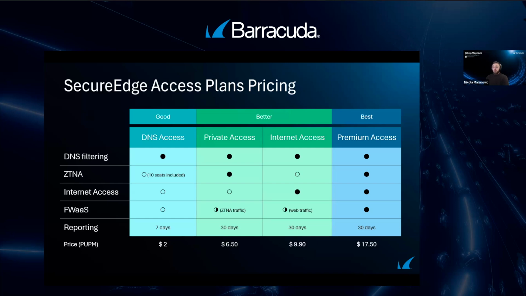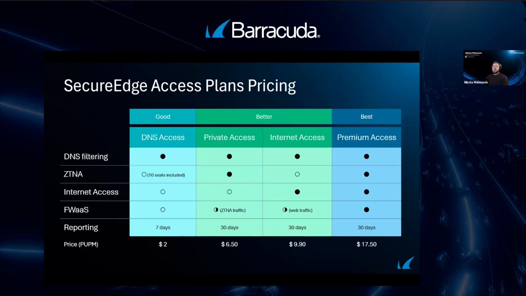In the better category, we have our private access and internet access. And private access enables ZTNA use cases, like we just heard, and it also includes DNS security. And DNS security, so the good plan, the DNS access, is included in both private access and internet access, and also premium access.